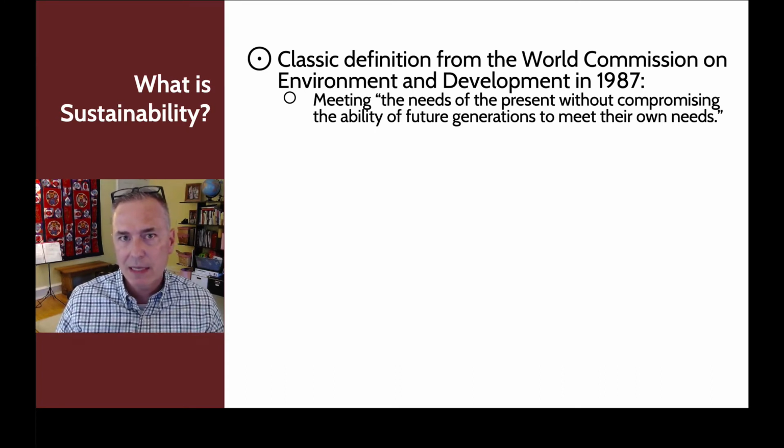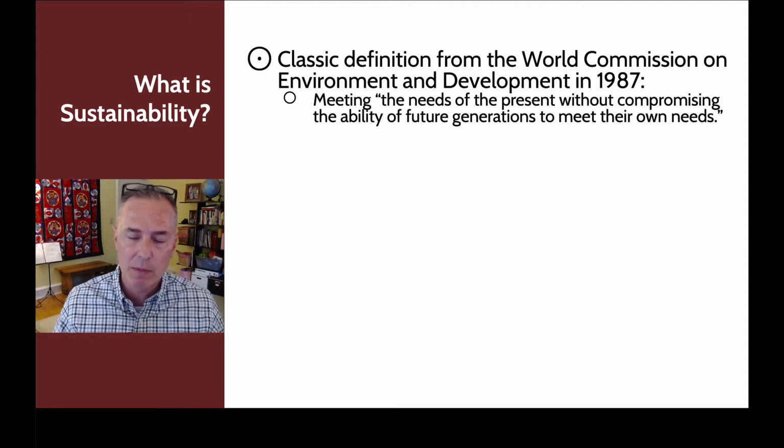So there's this idea that we're always balancing what's happening now with the future. There's an important time dimension to the way we think about sustainability in a lot of cases. We always want to think about what's going on now, what our goals and trends are for the future, and how we can have a balance or a compromise between those different generations, those different time periods.